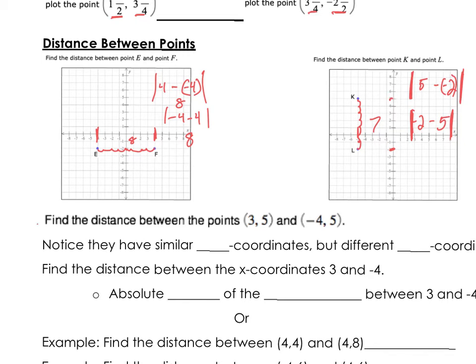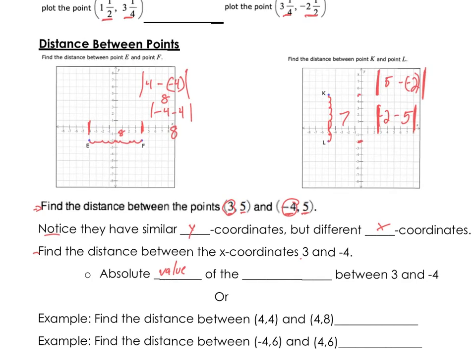So let's now find the distance between the points 3, 5 and -4, 5. Notice they have a similar y coordinate, but different x coordinates. So what we have to do is find the distance between the x coordinates, 3 and -4. So we're going to find the absolute value of the distance between 3 and -4.